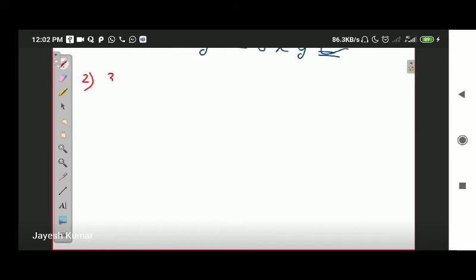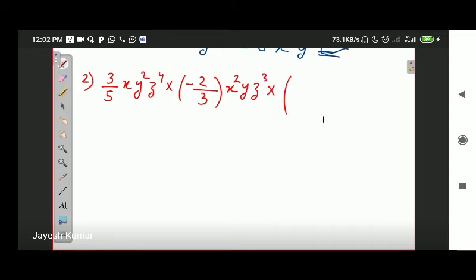This is 3 upon 5 x y square z to the power 4, multiplied by minus 2 upon 3 x square y z cube, multiplied with 5 upon 7 x square y cube z.